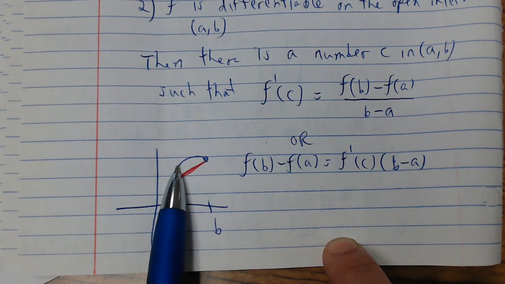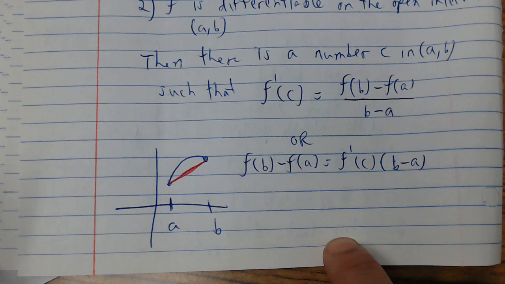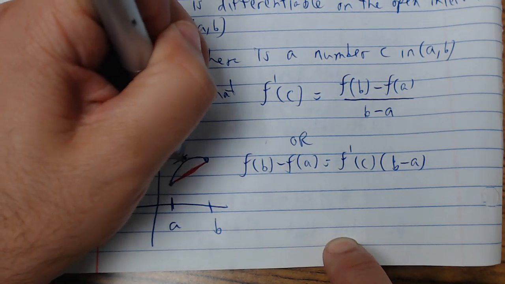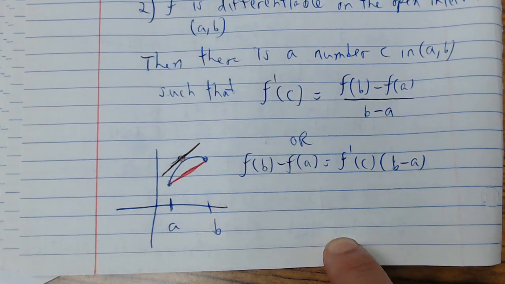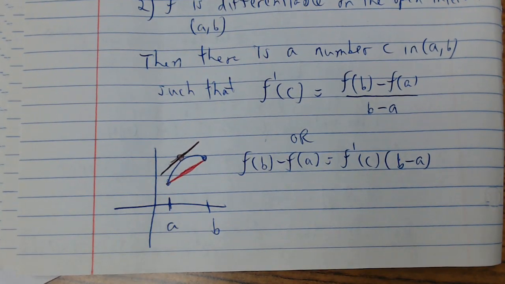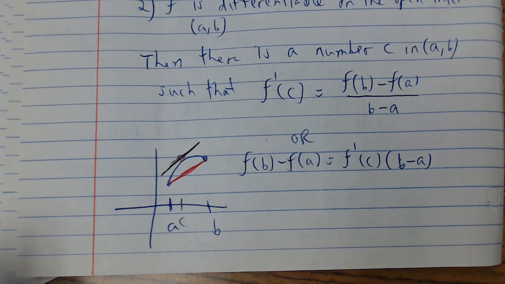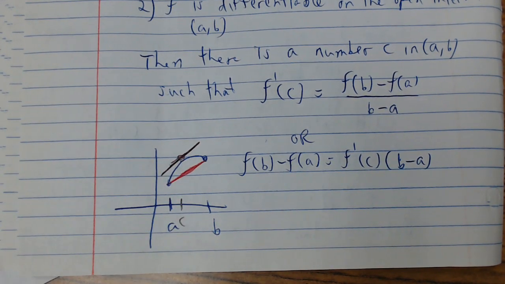In fact, if you look at this curve, you could see roughly where that point is, maybe somewhere around here, where the tangent line looks to be parallel with the red line. So this is that number C we're talking about, where the derivative at C is the same as the average rate of change.